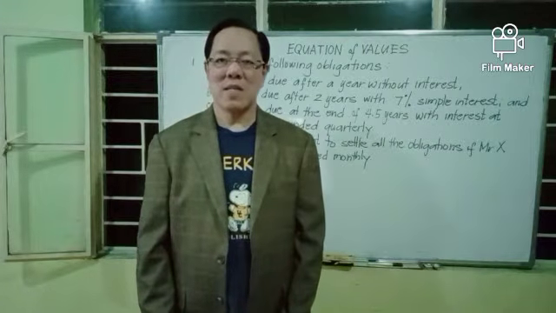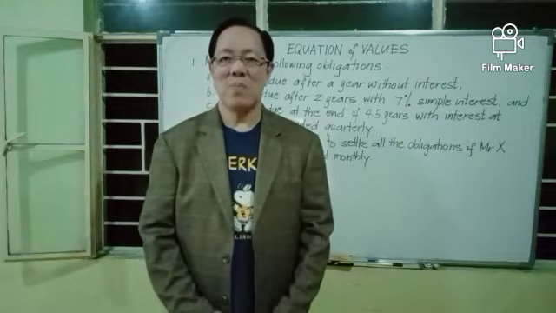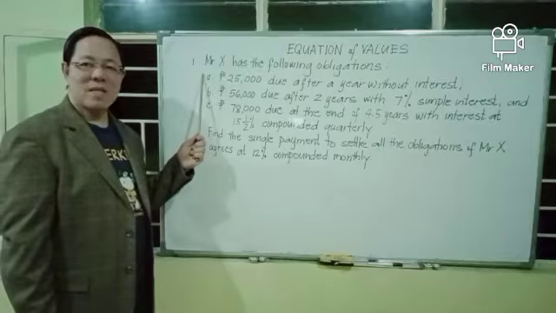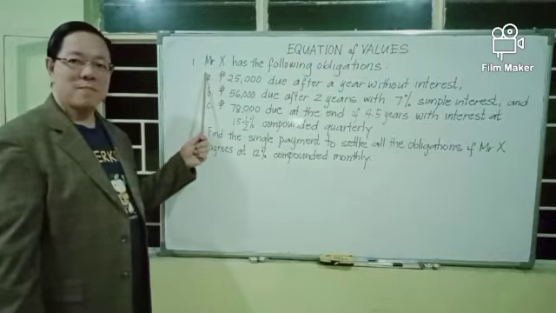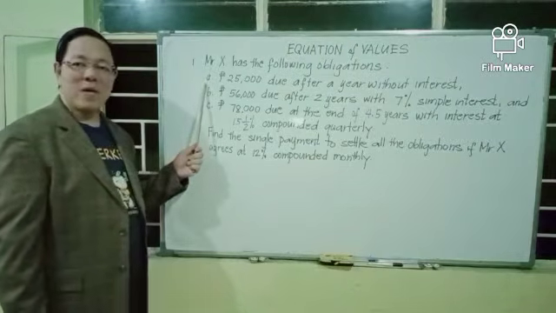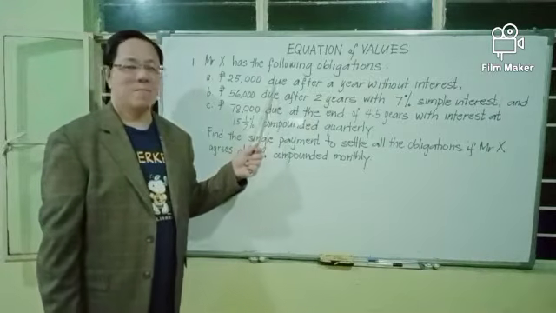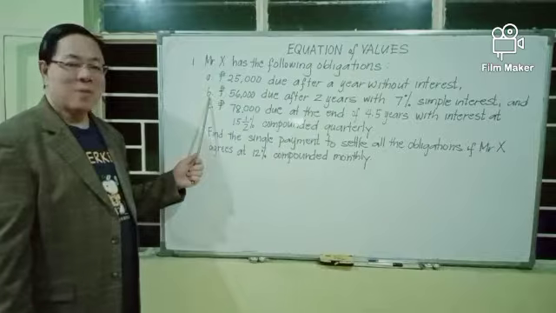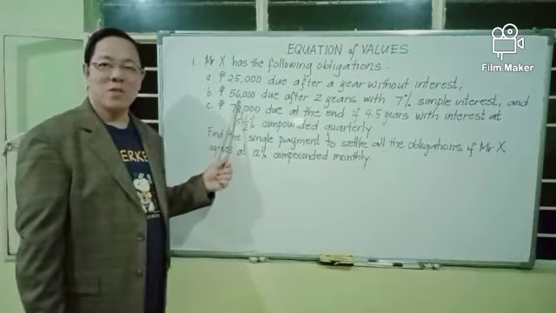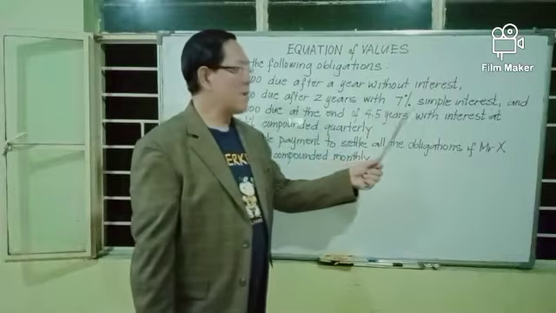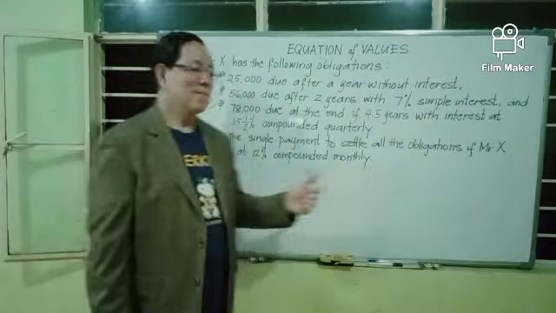For our first example, consider the following problem. Mr. X has the following obligations. Letter A, 25,000 pesos due after a year without interest. Letter B, 56,000 pesos due after 2 years with 7% simple interest.